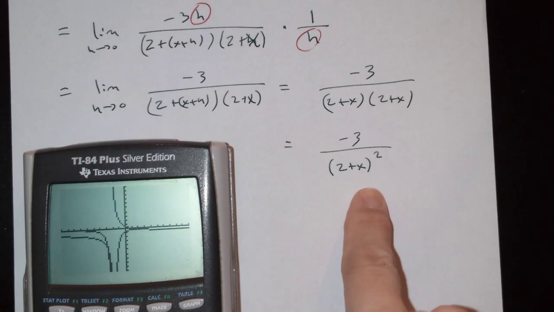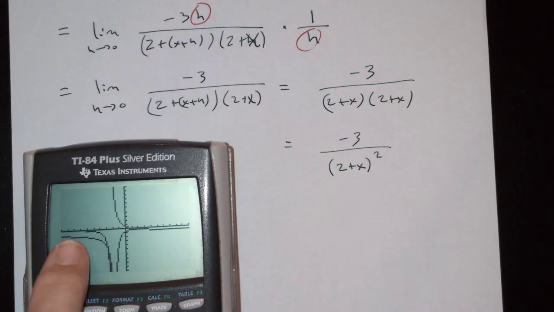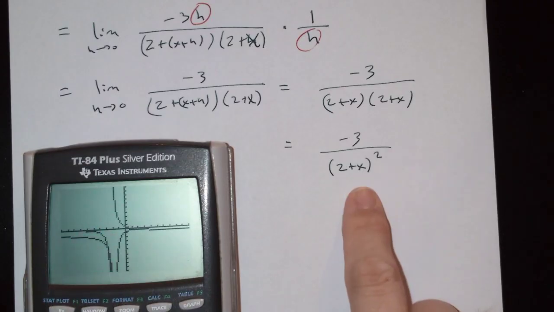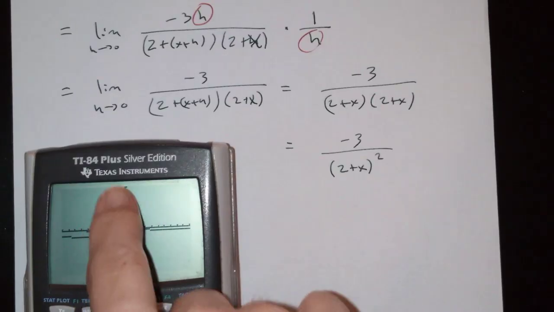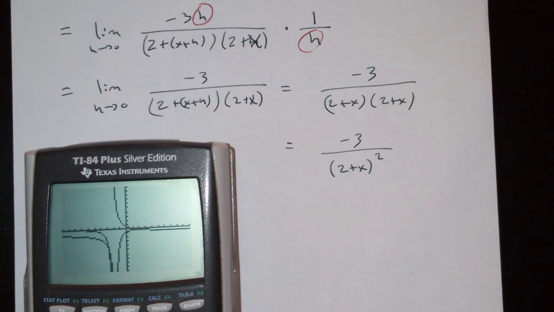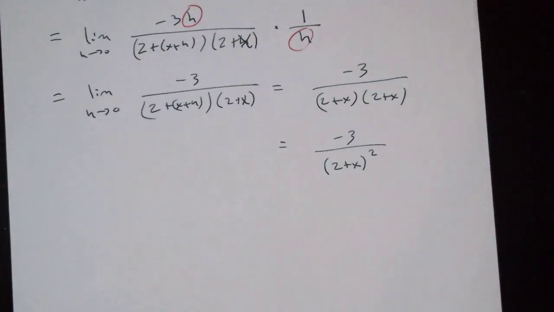This is always negative. There's my derivative. It's always below the x-axis. And what's more, where is this undefined? Exactly the same place our original function was undefined, isn't it? Huh.